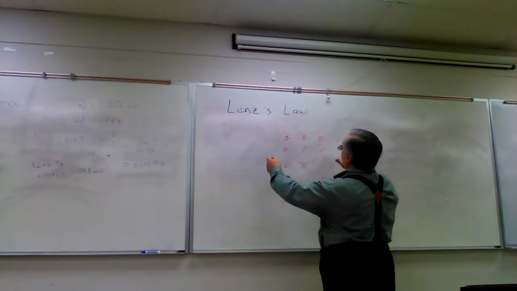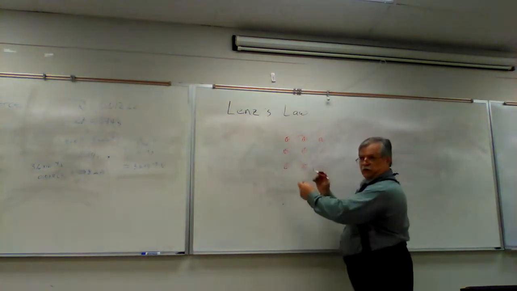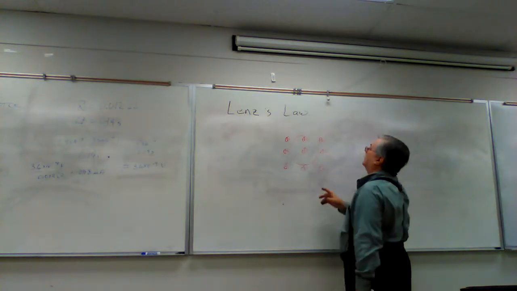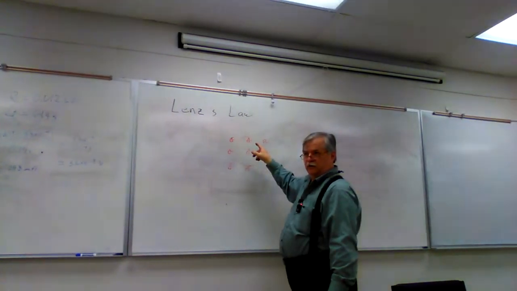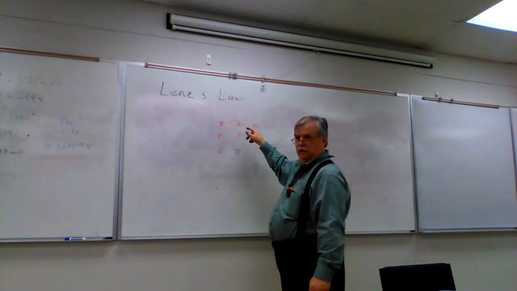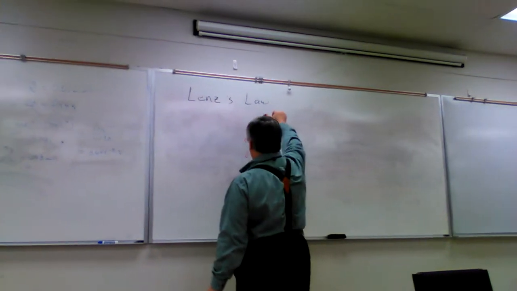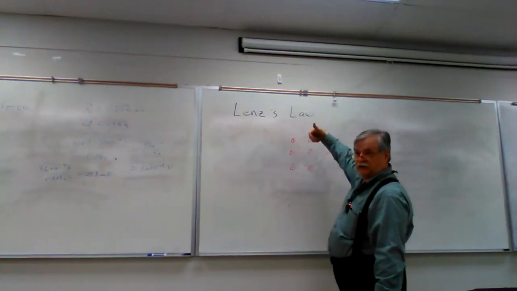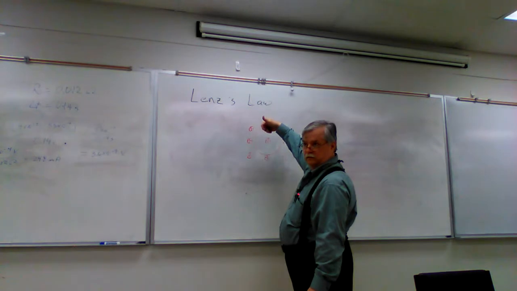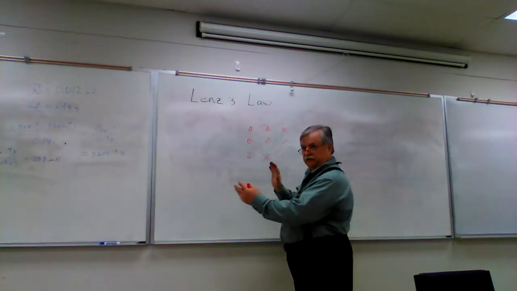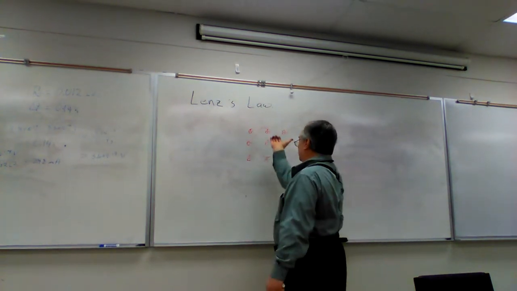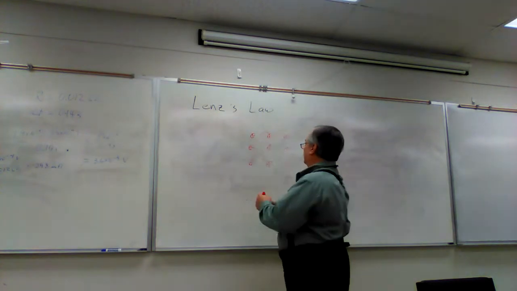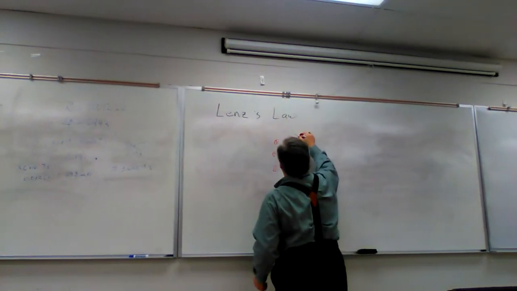When it starts to rotate, the flux starts to decrease. Which direction is the current going to flow? It's not going to flow this way because that would subtract from the magnetic flux. The flux is starting to decrease. It wants to maintain, so the current is going to go this direction.